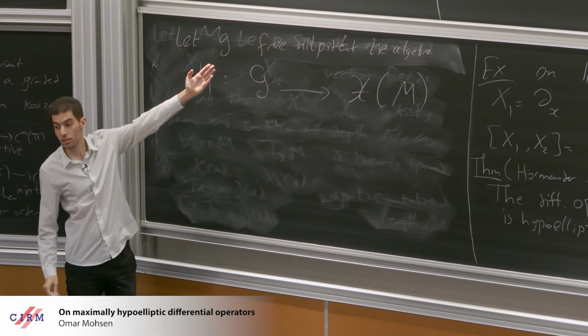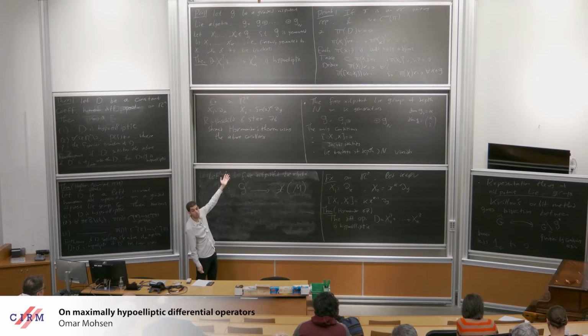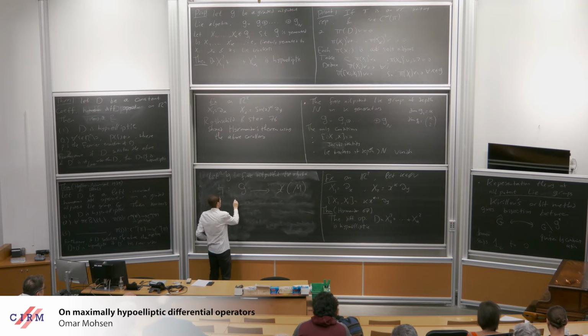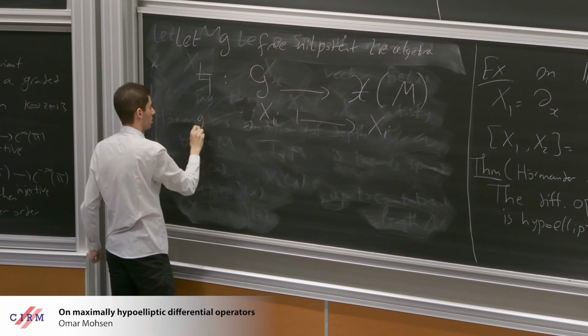I have k generators in my Lie algebra. Let's call them x1 till xk, just like the vector fields. So it sends xi to xi. So these are the generators.